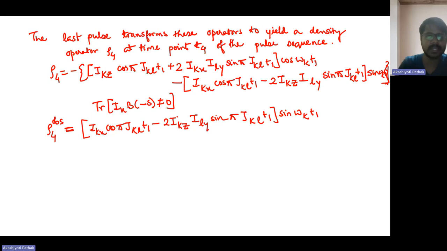I'll write this down separately. It represents the X magnetization of the K spin.